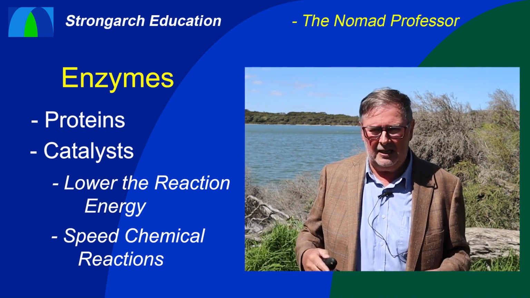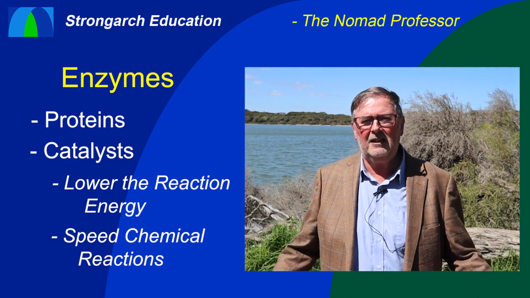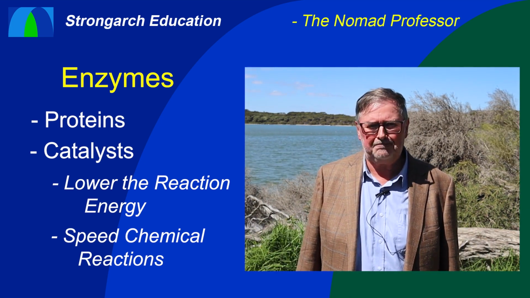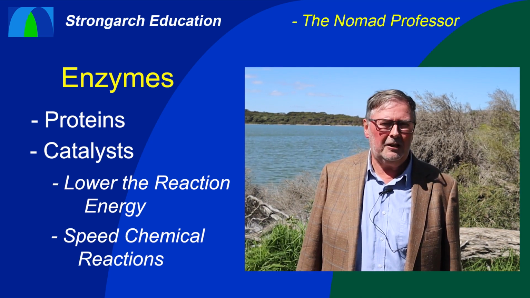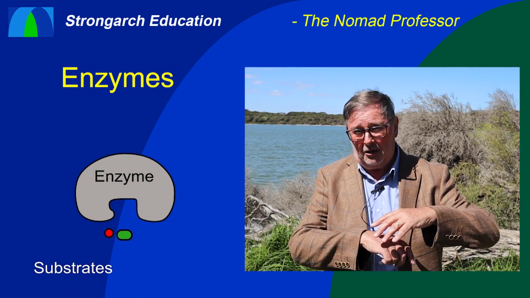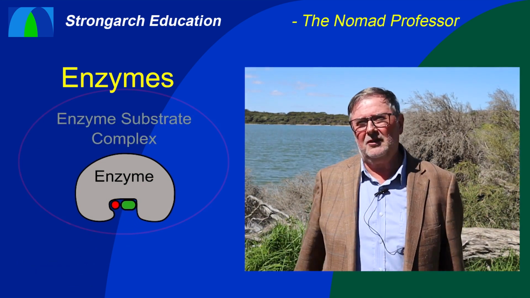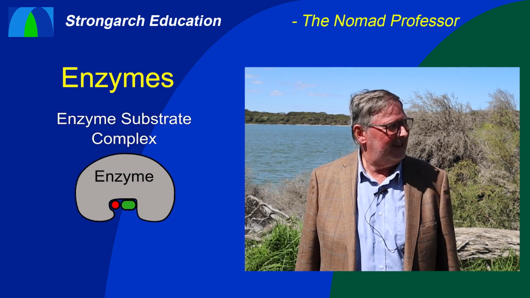They greatly speed up chemical reactions that otherwise would take far too long in order to be of any use to living systems. The way that they all generally work is that substrates, which are the chemicals that the enzymes are going to work upon, they bind to the enzyme to form an enzyme substrate complex.